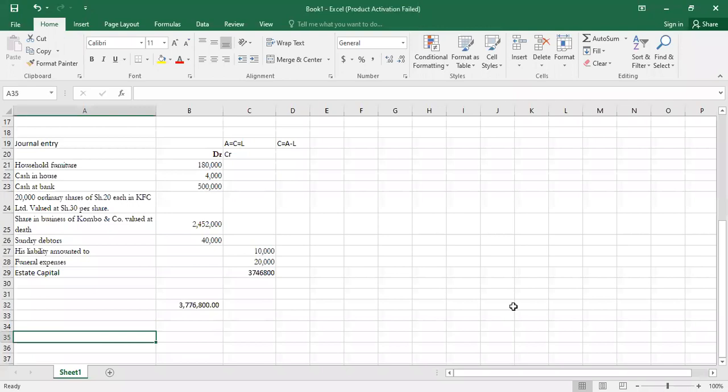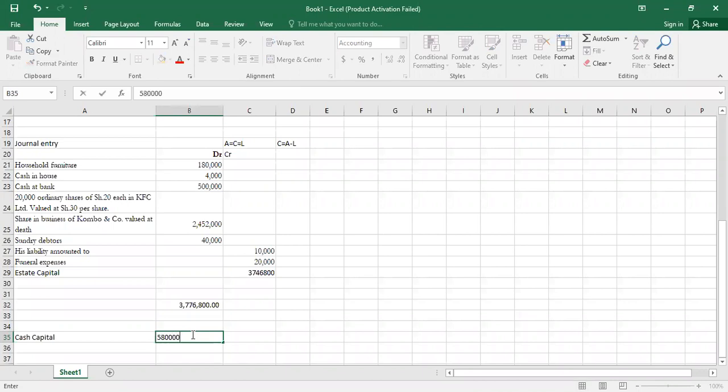I'm saying cash capital. We are debiting 580,000. Our capital, estate capital, is decreasing by that amount. So the difference is 20,000 multiplied by 1.